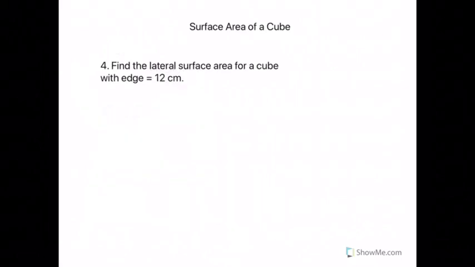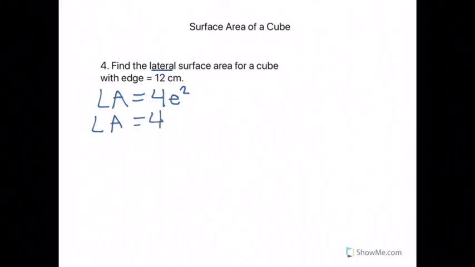All right, number 4, find the lateral surface area for a cube with edge equal to 12 centimeters. So notice the keyword lateral, so make sure you use your lateral, your LA formula, equals 4 times e squared. 12 goes in for e.